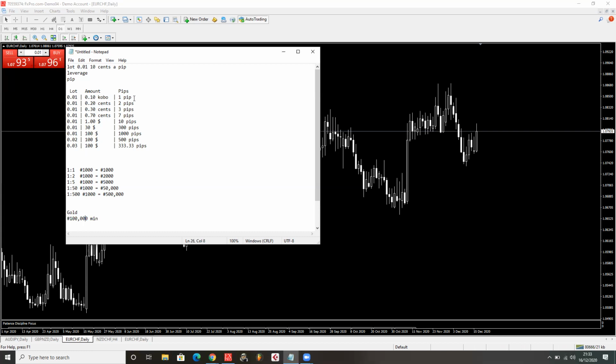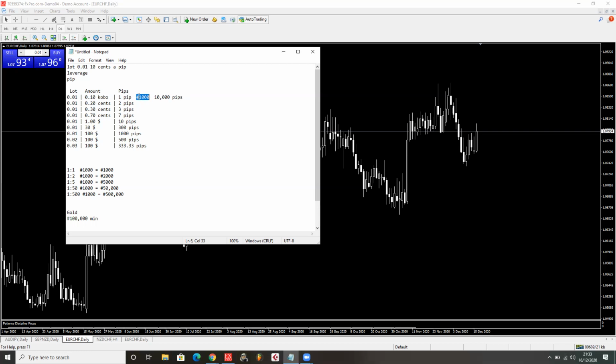Let's say I have 1,000 naira in my account. It would take me 10,000 pips to lose 1,000 naira. Keep in mind, I don't think that works the same way in naira. If it was dollars, it would take you 10,000 pips to lose $1,000 or to gain $1,000.